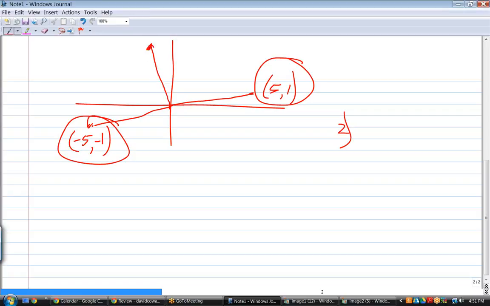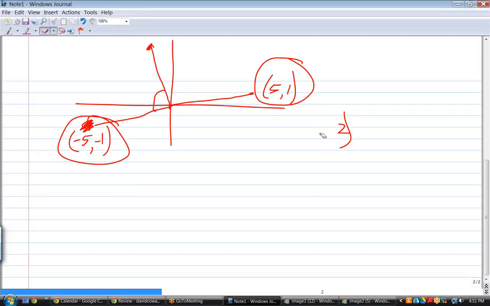And as long as I know the numbers don't change, the only thing it could be is -1, 5, right? Same thing when I rotate it another 90 degrees. It ends up here. In other words, it doesn't end up down here. That can only be -5, -1, assuming the numbers don't change.